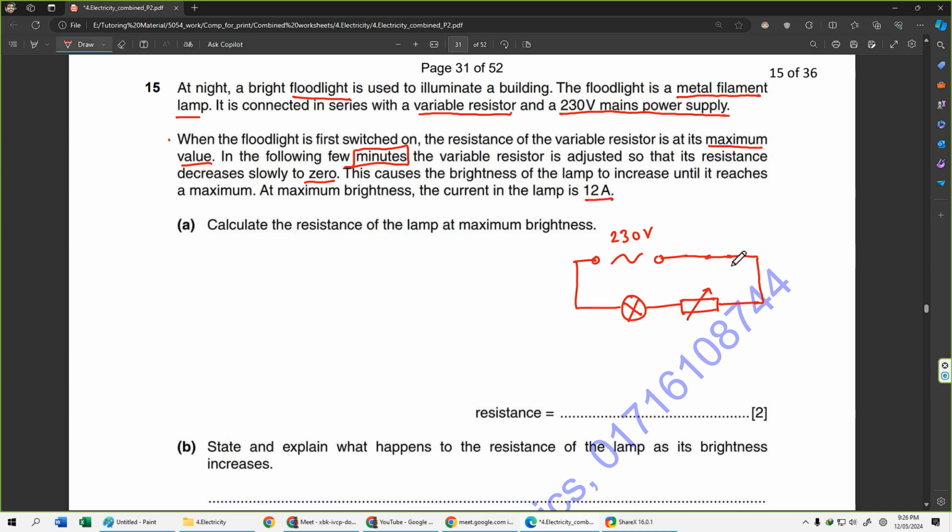The moment we close the switch, this bulb is going to get a very small fraction of the 230 volt supply, and this variable resistor is going to get a much bigger fraction, because this one is now operating at a really much higher resistance. The reason this device is required or designed such way so that initially we do not send too much high power to this filament lamp.